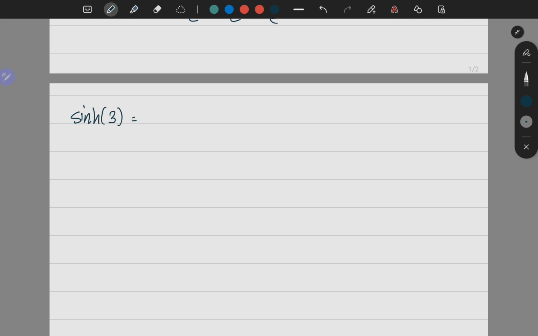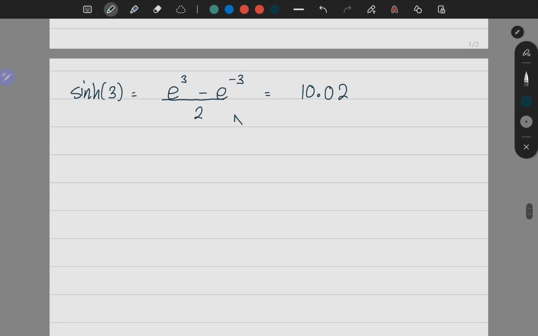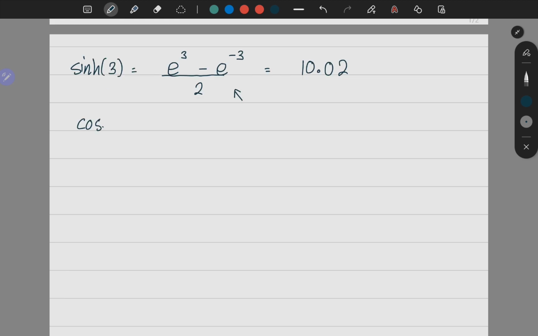First of all, you would do e to the power 3 minus e to the power minus 3, over 2. When you solve this, you get 10.02. You can do this manually, or you can go into your calculator and do it directly.